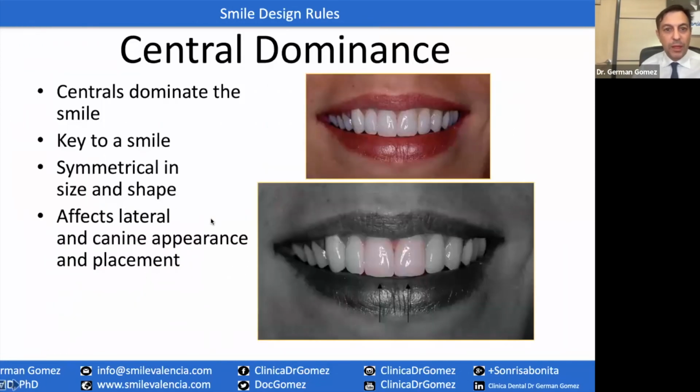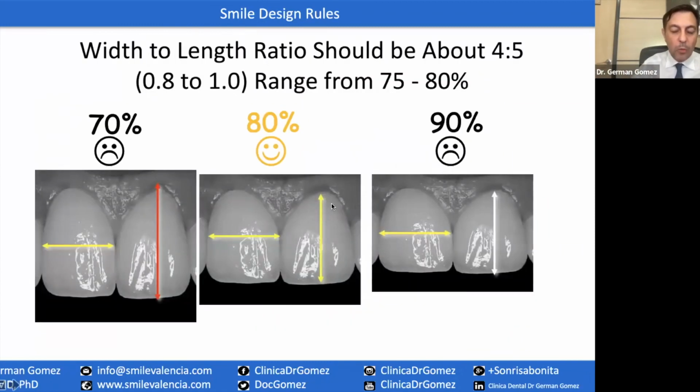Okay, then central dominance. We need to have the two central incisors be dominant compared to all the other teeth. What's the ideal length and width ratio of these central incisors? Well, it is more or less 80%.